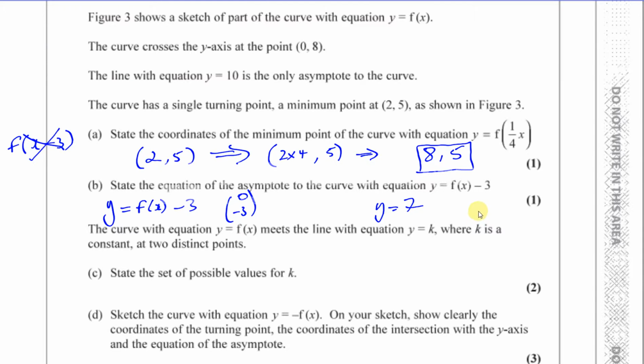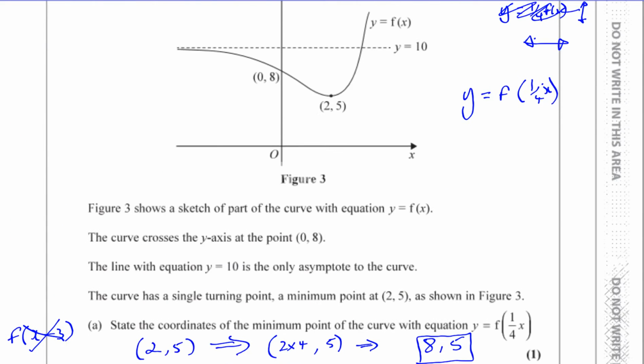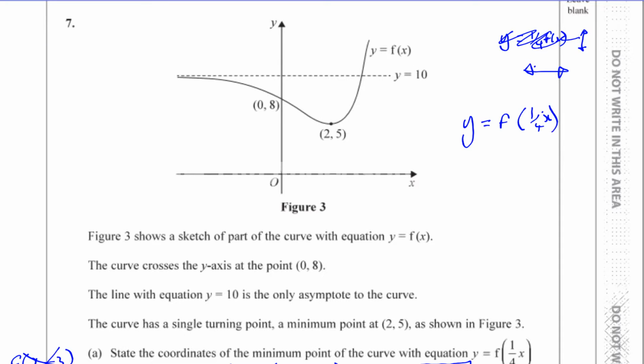All right. And then it says the curve with equation y equals f of x meets the line with equation y equals k, where k is a constant, at 2 distinct points. State the set of possible values for k. So y equals k is going to be a horizontal line. The asymptote here is when y equals 10.